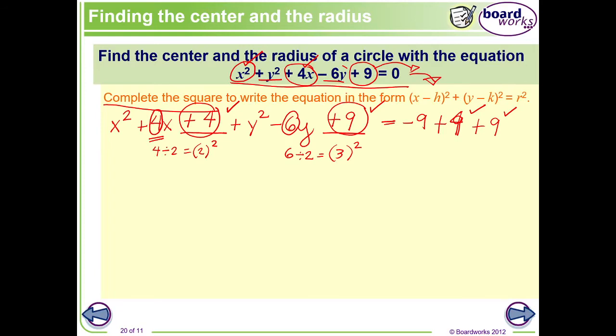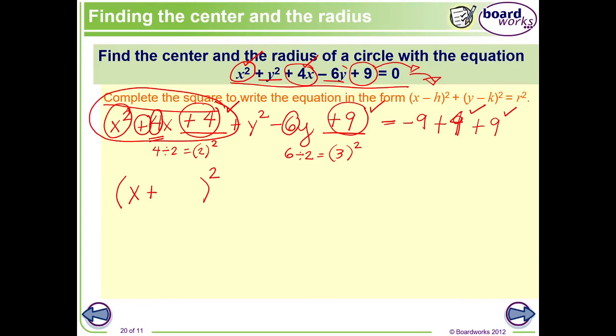Yes, sir. Okay, this time, focus here. I will be writing it this way. We have now squared. What is the square root of x squared? X. What's the sign of the middle term? Positive.